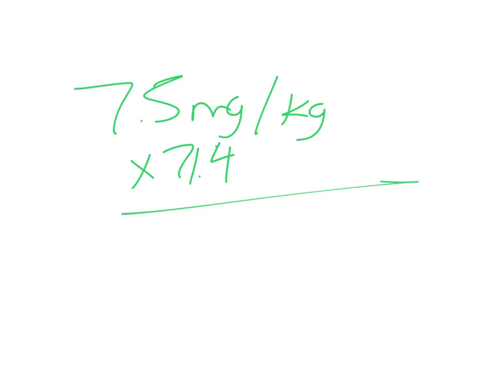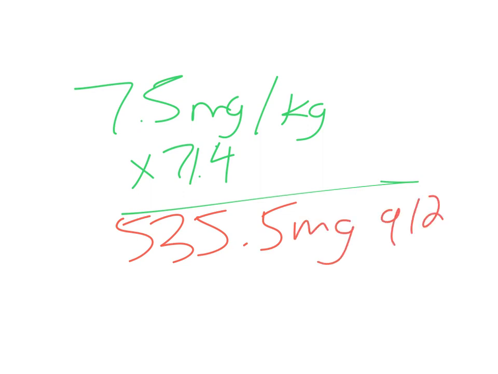So 71.4 times 7.5, that means our patient needs 535.5 milligrams. Again, that's what they need every 12 hours. Now the question said, well, what do we need in milliliters per hour?